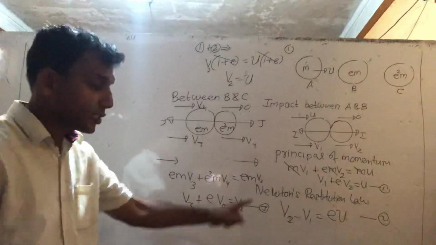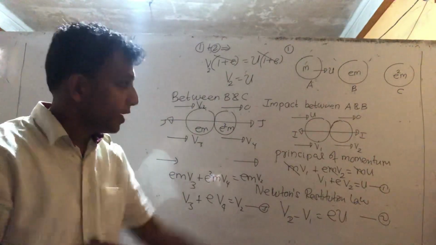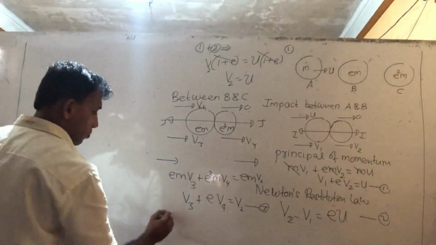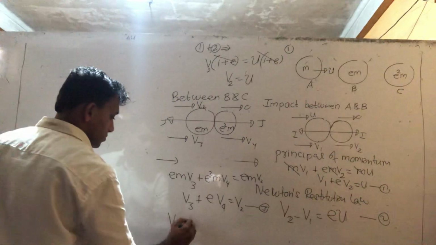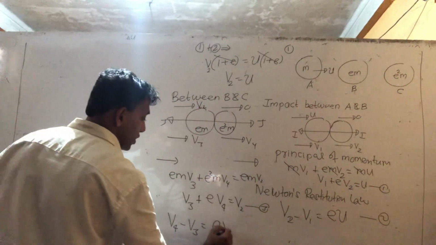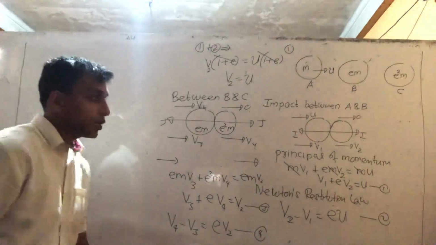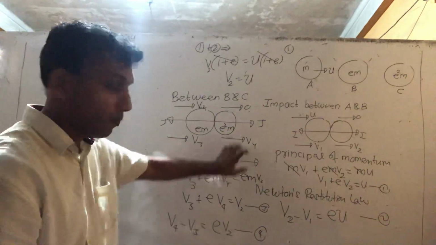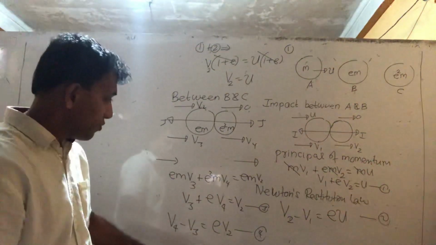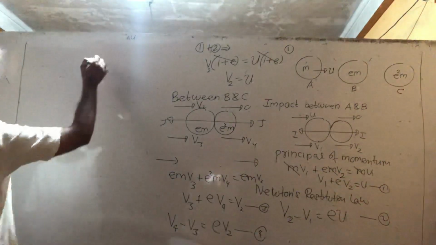Now Newton's restitution law, as I showed briefly in the first part. The separation velocity v4 minus v3 equals the coefficient e into v2. Say number 4. Now we have to calculate v4, the speed of sphere C. To find v4, once again add the two, 3 plus 4.